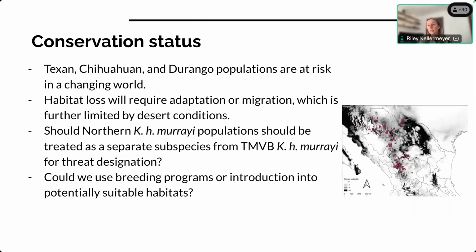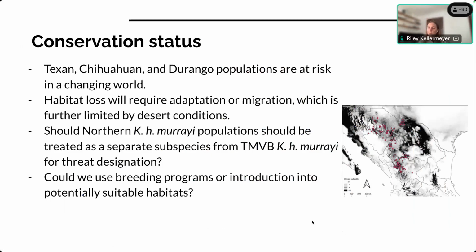And so, some of the results of the study suggest that it is probably time for us to start a discussion about, are these northern murrayi populations a different subspecies from the southern Trans-Mexican Volcanic Belt ones? How will that change our threat designations for conservation? It's time to ask those questions together.